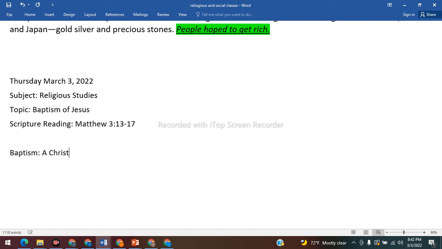You have to know this definition, okay? It's a Christian ritual involving water to show that one has been converted to Christianity.